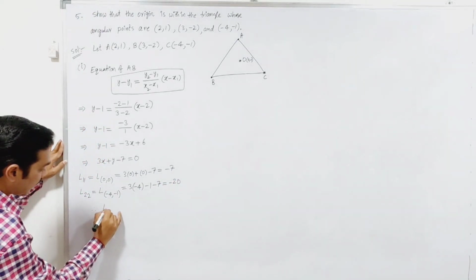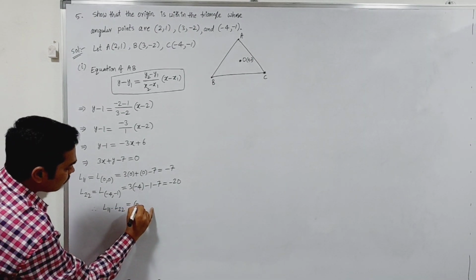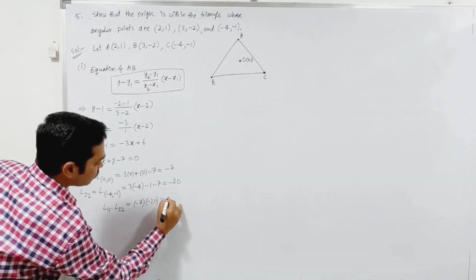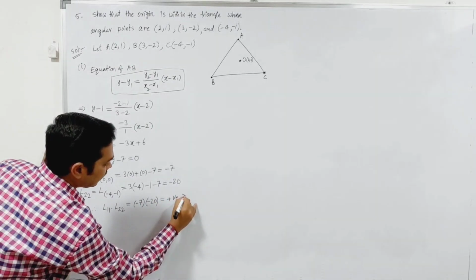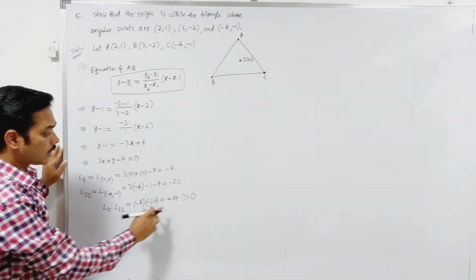Therefore, find out L11 into L22. That is equal to minus 7 into minus 20. Minus into minus is plus, which means positive. This is greater than 0. We get L11 into L22 greater than 0.